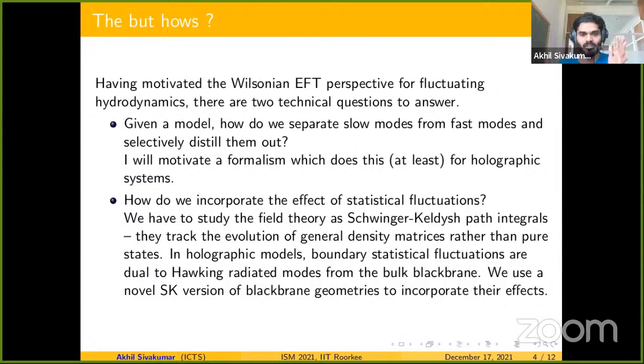For those who know Schwinger-Keldysh path integrals, it's a double path integral, which you mimic by using a glued double black brane solution. I might not be able to go into the details of this construction because of time constraints, but this is the short summary of how to deal with the second question.